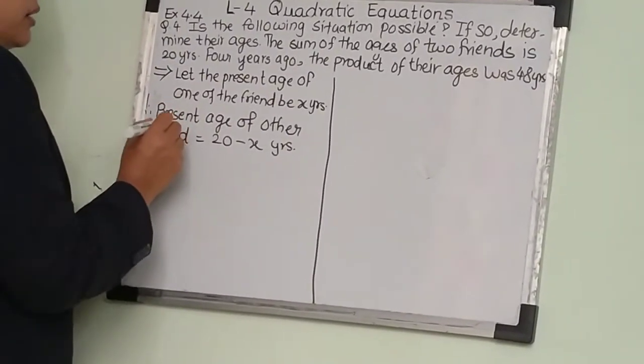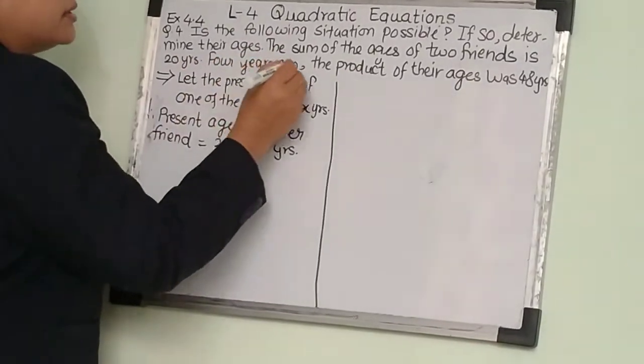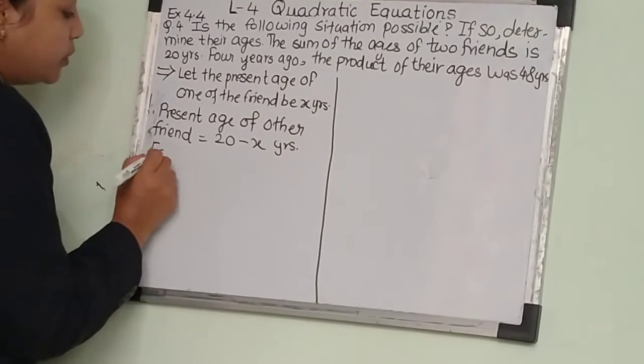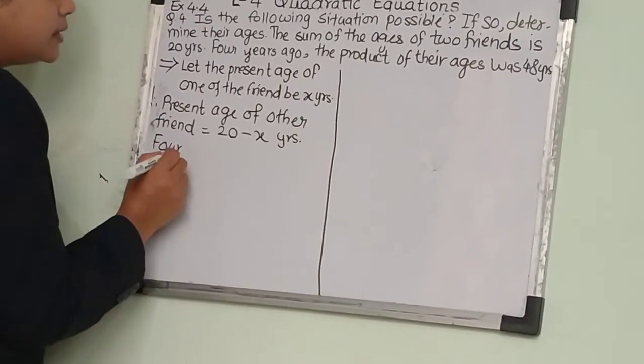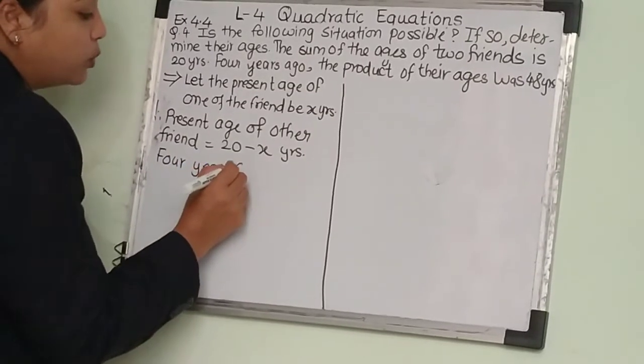In this way, now the second condition is given. 4 years ago. So first we are going to find out the ages of 4 years ago.